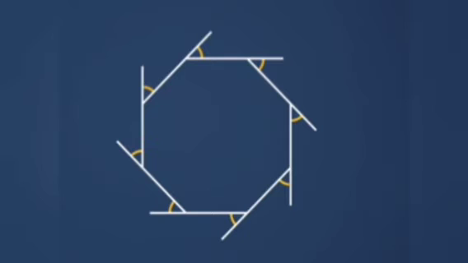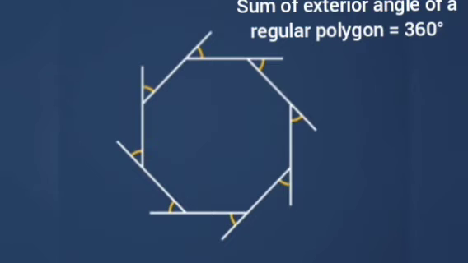Now, what about the sum of exterior angles of a polygon? Well, regardless of how many sides there are in a polygon, the sum of exterior angles of a regular polygon is 360 degrees. This makes solving questions really easy. But let's think about why.